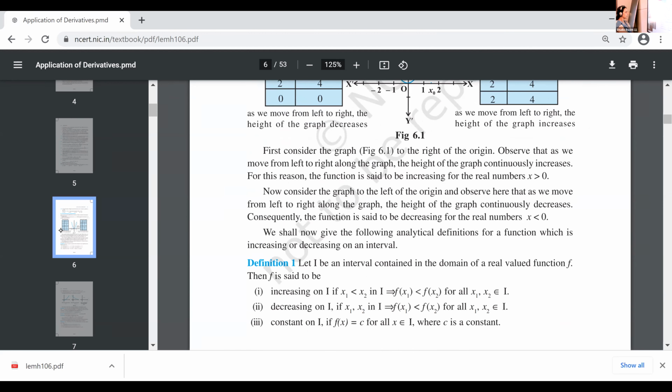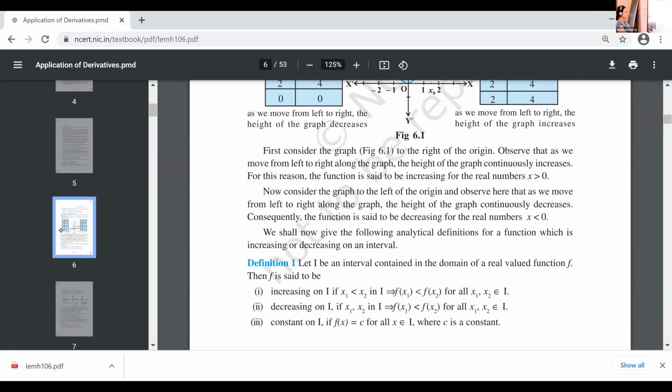Let I be an interval contained in the domain of a real valued function f.